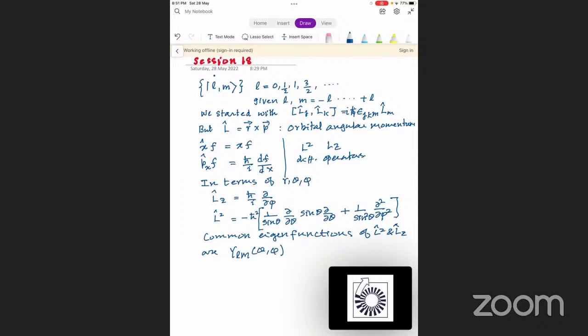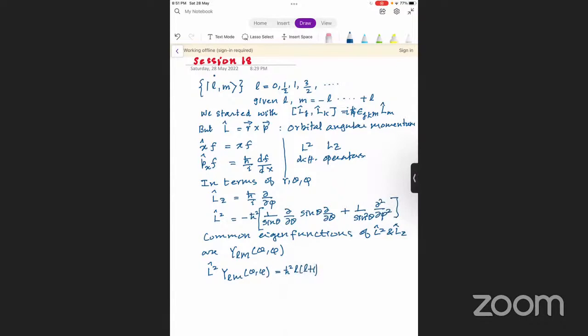Okay, one can solve this differential equation by separation of variables. Then you will get this. L square operating on this Y_lm(theta, phi), this is an eigenfunction of this. You will get h bar square L into L plus 1 into Y_lm(theta, phi). And Lz acting on Y_lm(theta, phi), you get h bar m into Y_lm(theta, phi).